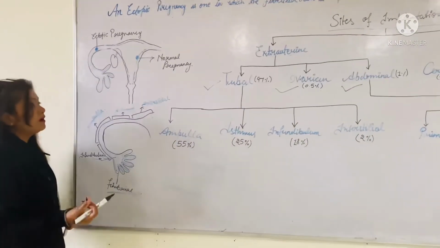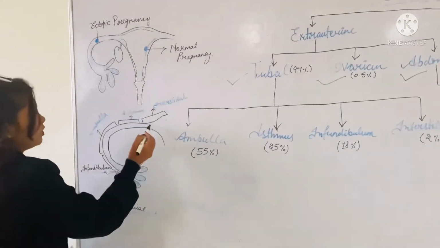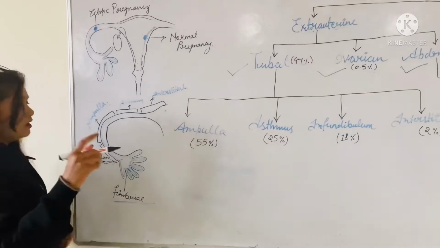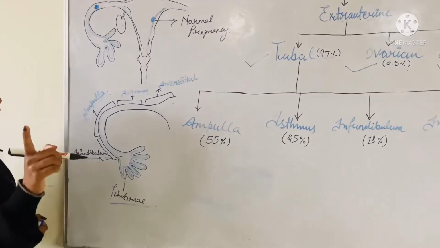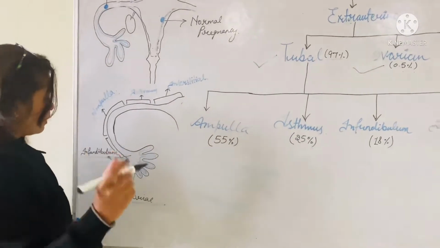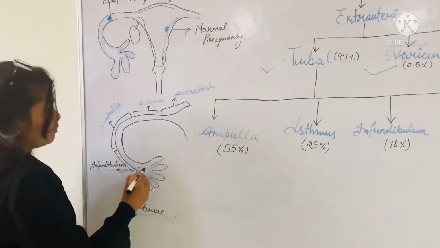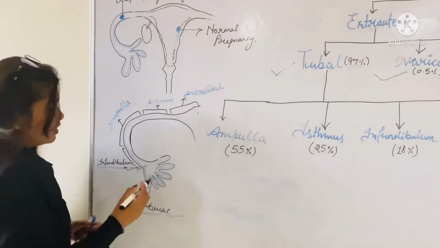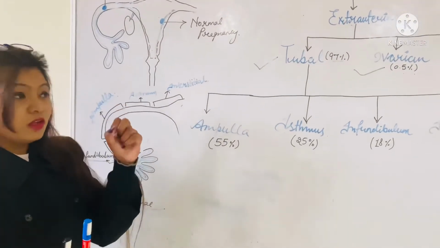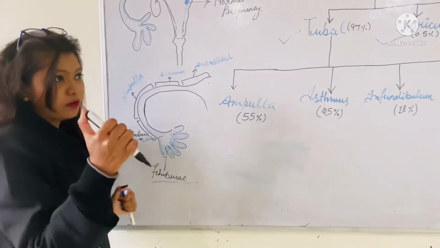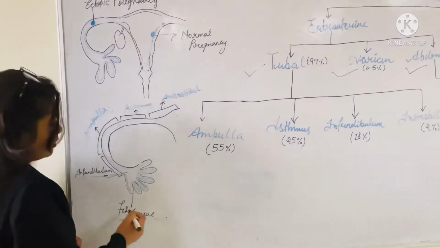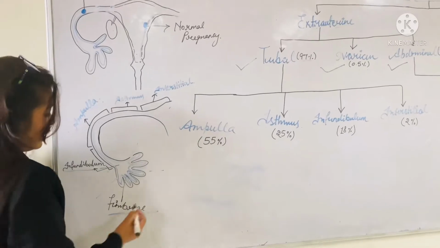And now, on the basis of the parts of the fallopian tube, first of all, let me show you how many parts there are in a fallopian tube. I have just drawn only one fallopian tube. There are specifically 4 parts. Each fallopian tube is divided into 4 parts. First, we won't consider it as a part, but it's a finger-like structure which helps catch the ova from the ovary at the time of ovulation.